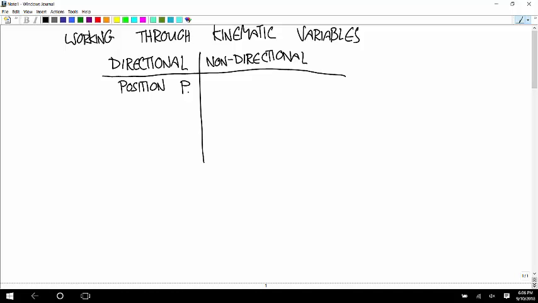So the sign of the position tells you whether the object is on the positive or negative side of whatever you're calling your zero, the reference point. And there's no real non-directional equivalent of position. But all these other ones are going to have one. So this we've done. But the next thing I want to talk about is displacement.